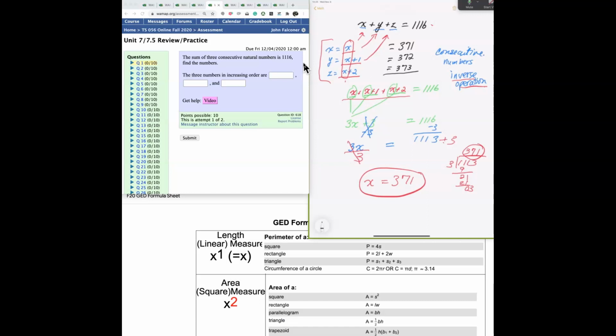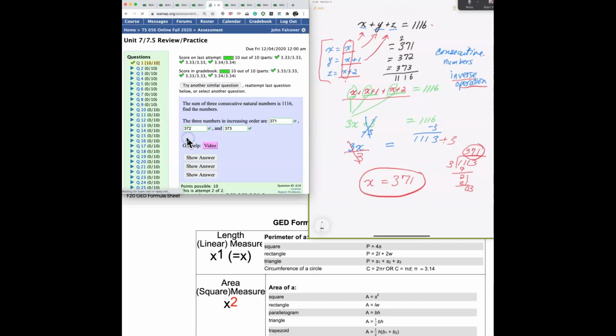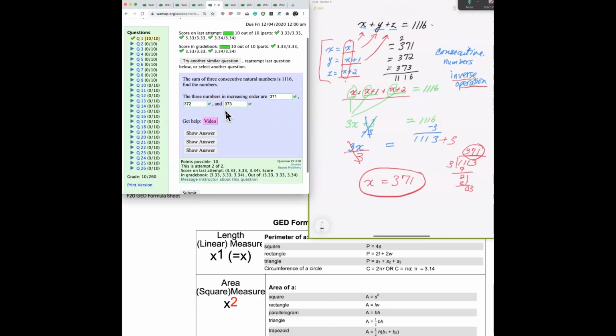So 1 plus 2 plus 3 is 6. 7 plus 7 plus 7 is 21. Carry the 2. And 2 plus 3 is 5, plus 3 is 8, plus 3 is 11. So we do get 1,116. And so we can put the numbers in here: 371, 372, and 373. All right, let's try that. See how we do. Okay, looks like we got that right.